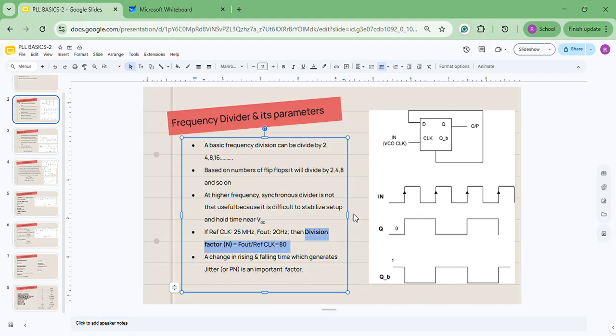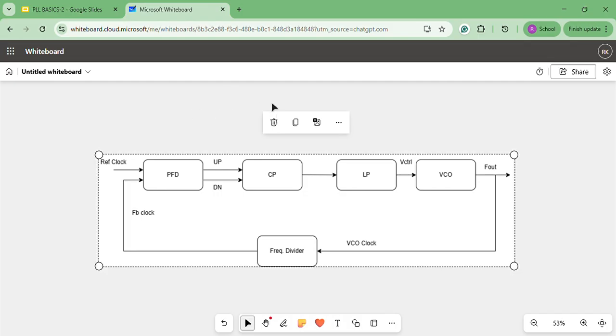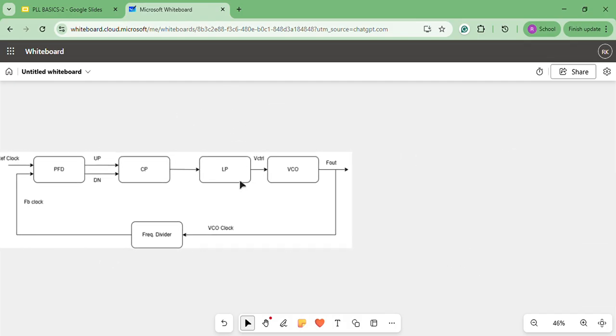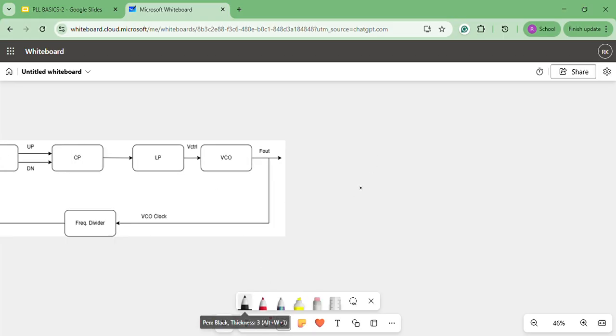One other very important parameter in the case of a frequency divider is jitter. I will start with one basic diagram. Suppose this was our clock. We will explain jitter in more detail in an upcoming lecture. For this frequency division and clock output, I'm just explaining. Suppose there is a delay because of some factor, which can be noise in the reference clock or noise in the VCO.